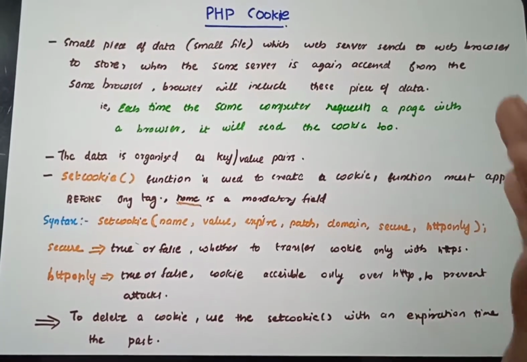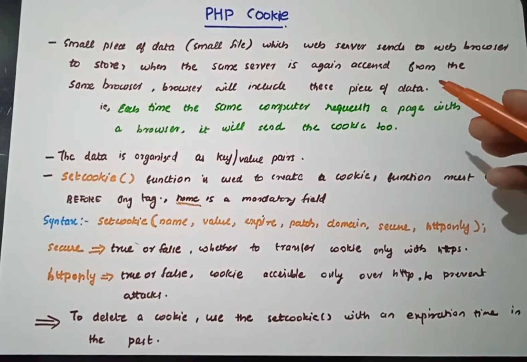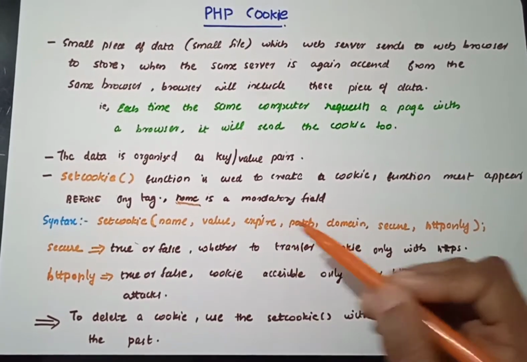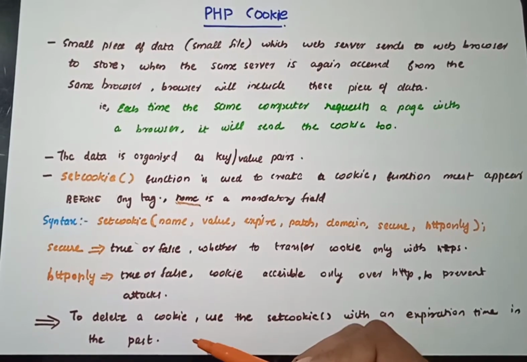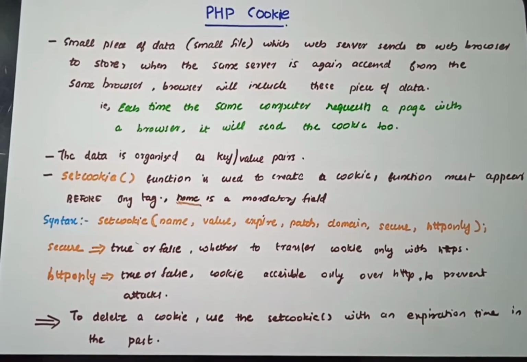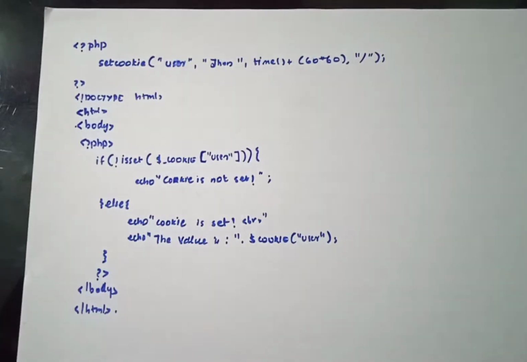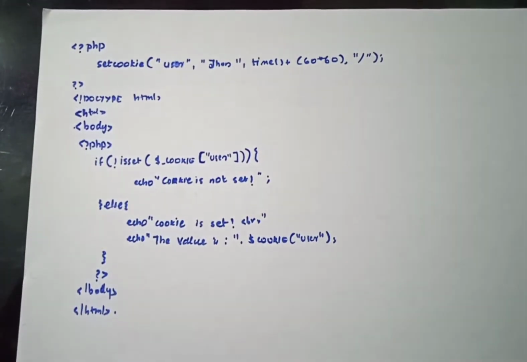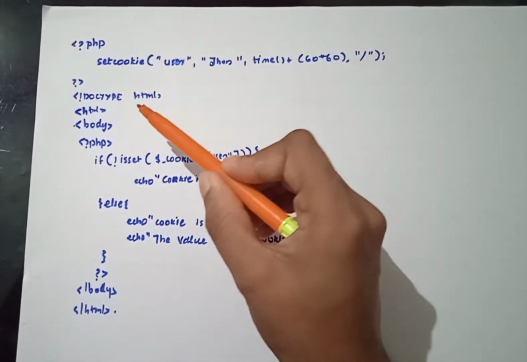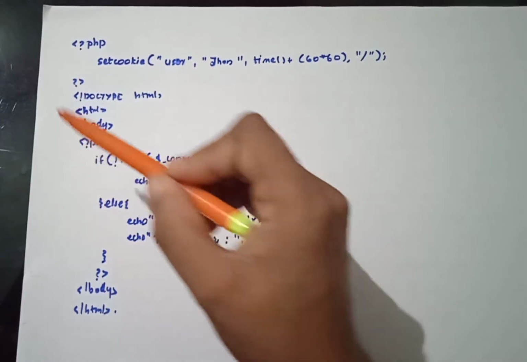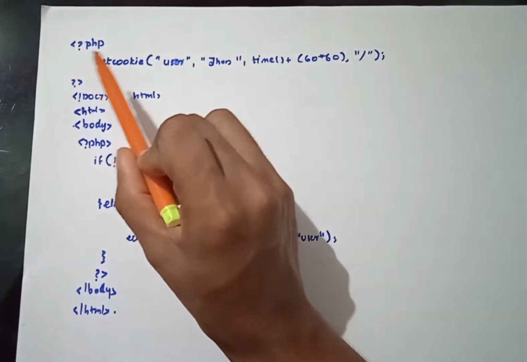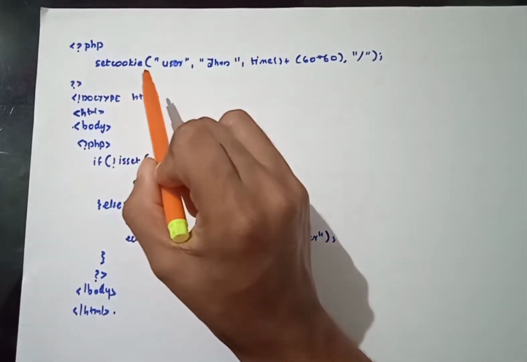Okay, so this is the basic concept behind the cookie, its mandatory fields, its function and the main concepts. So let's get into an example now. As you can see, we have our HTML page like this, but before that you can see a PHP block, and inside you can see a set cookie.